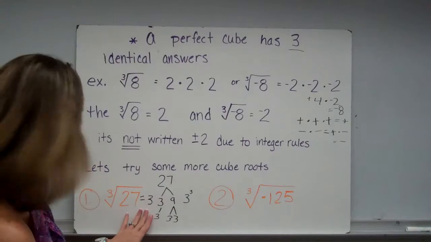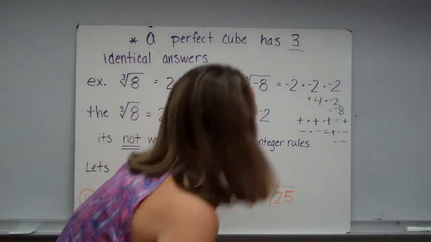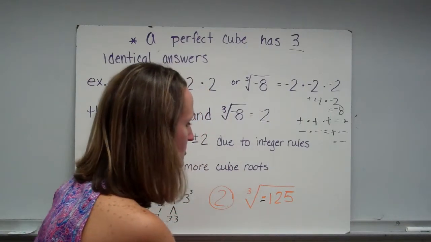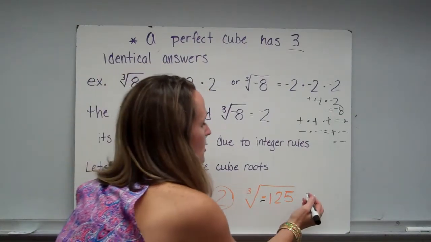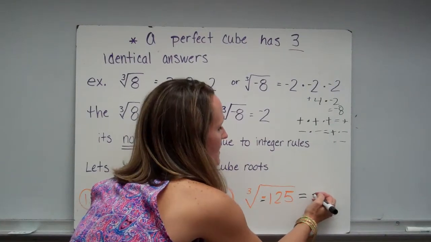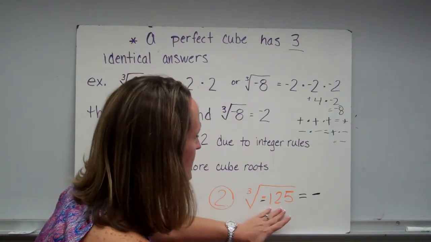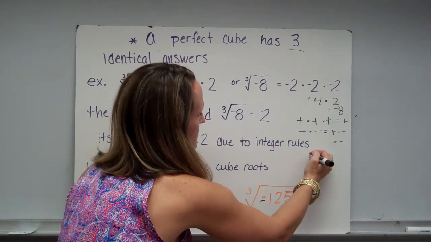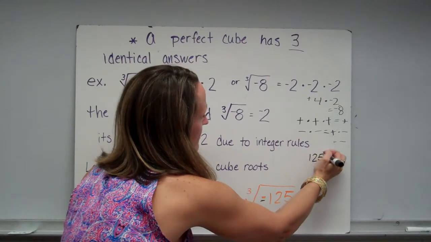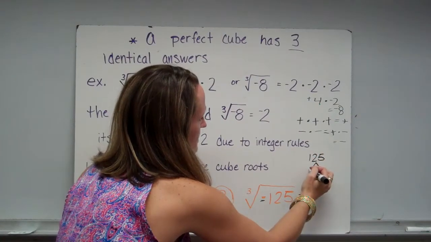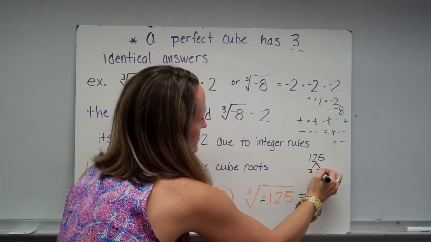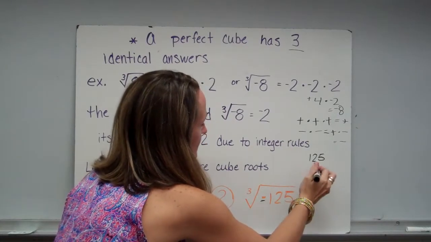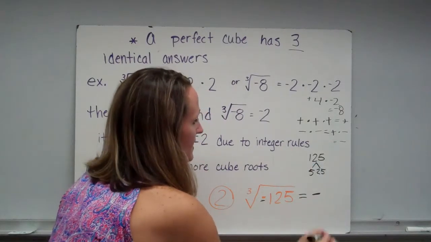So the cube root of 27 is 3. Just positive 3. What about negative 125? Well, since there's this negative, I know my answer is going to be negative. So I know I'm going to need a negative something. Well, what times what times what? When I go in here, 125, if I break it down, I've got to think factors again. This is 3 times 25. No, it's not, excuse me, 5 times 25.